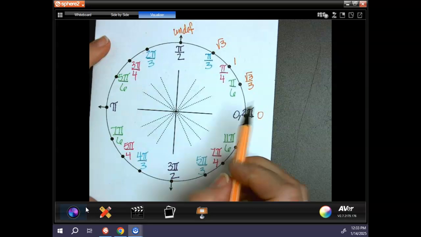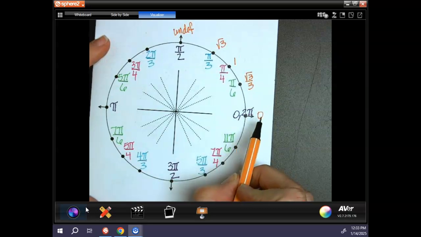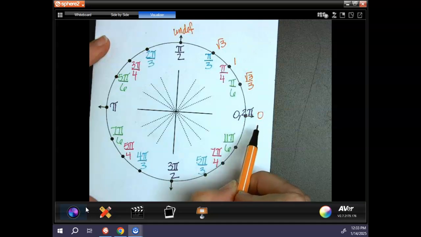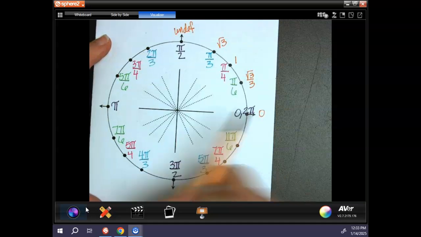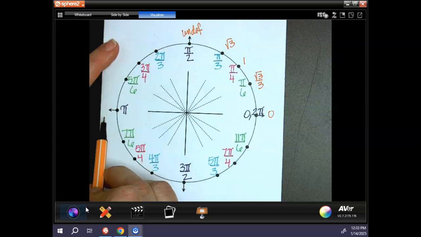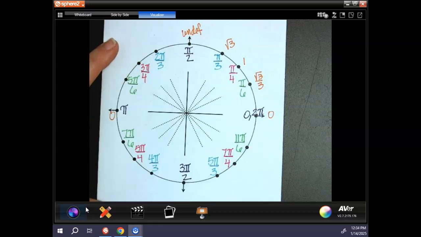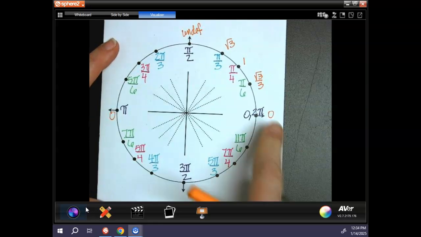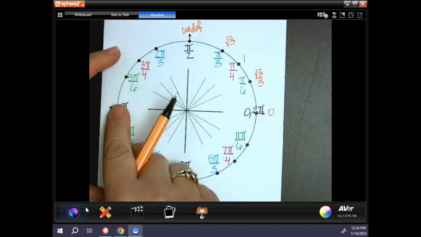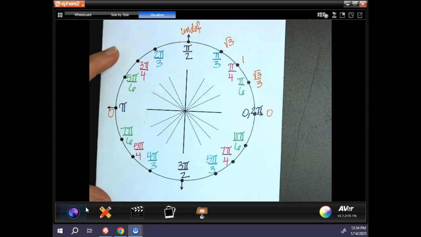All right. So here at 0, my tangent is 0 because the ordered pair is 1, 0. And when I put 0 over 1, I get 0. At pi, my ordered pair is negative 1, 0. So I'd put 0 over negative 1, which makes this 0. So both of the tangent values on the x-axis are 0, because again, look, we got reflections just like we did in everything else.